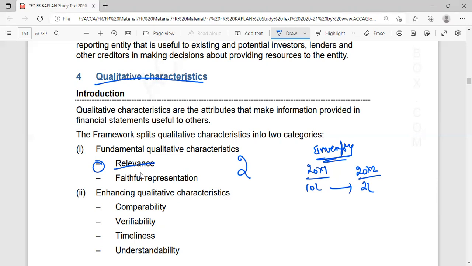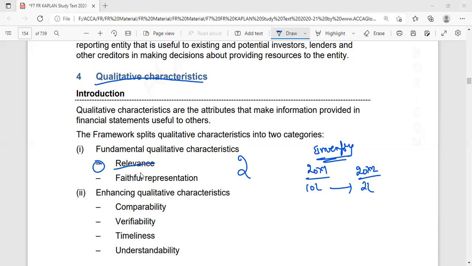But suppose that reduction in the value of inventory is because of a fire accident that occurred in the store. Due to that, 8 lakh worth of inventory was damaged. This is the most relevant information to the users of the financial statements, because based on that, the party may take a decision whether to continue with the business or not. That type of information is said to be relevant.